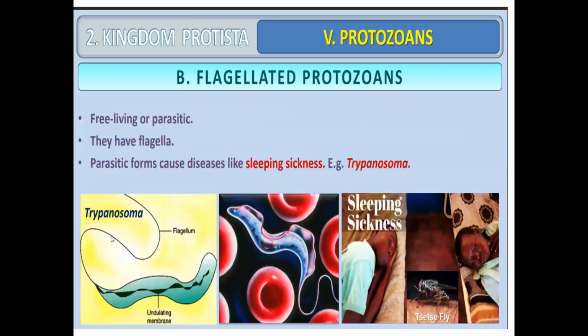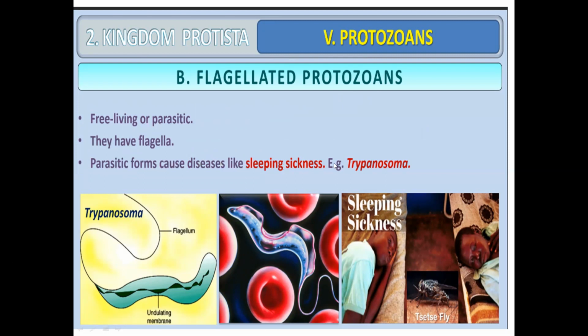Okay, let's go to the next one. Flagellated protozoa, free living or parasite. They have flagella. What do you write? Just write: parasitic form causes disease called sleeping sickness.